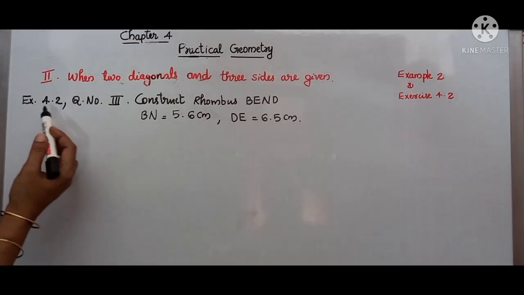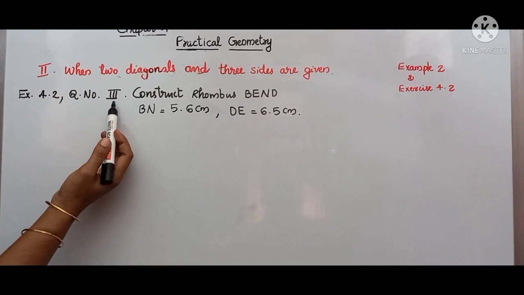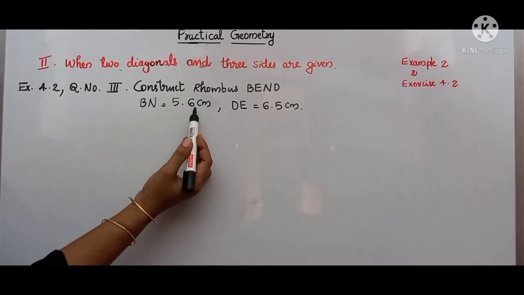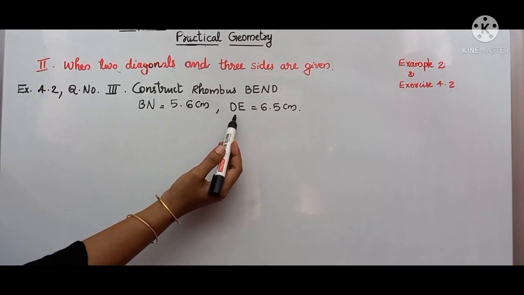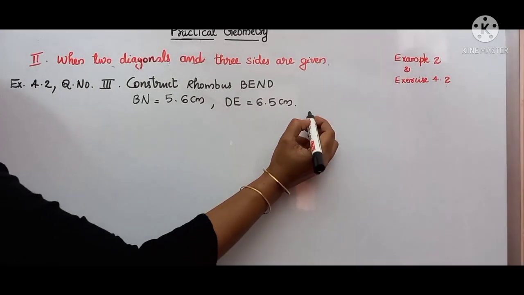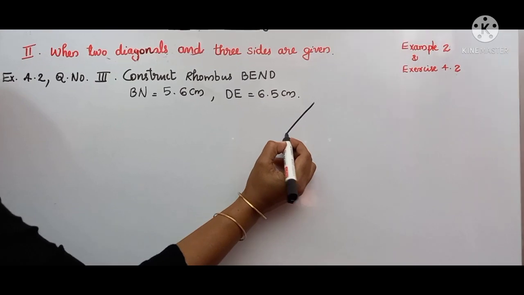Then our next question is exercise 4.2, question number 3. Construct a rhombus BEND where BN is equal to 5.6 centimeter and DE is equal to 6.5 centimeter. We have to draw a rough sketch of this rhombus.